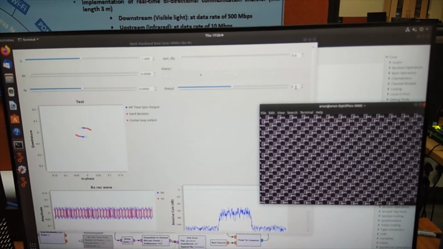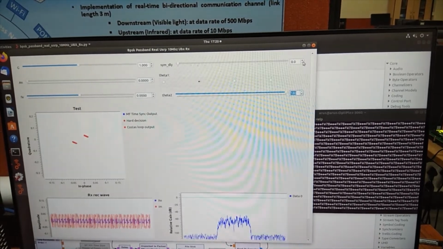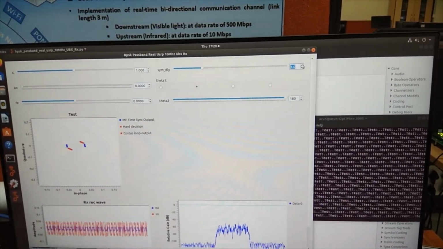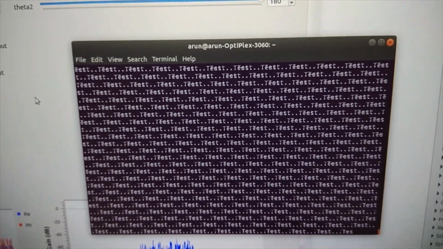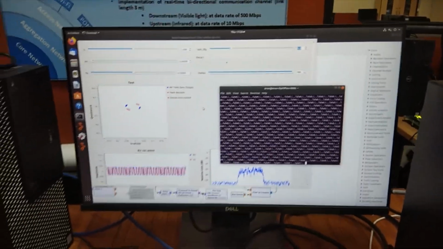So this will be taken care of manually, and there is a phase ambiguity of 180 degrees. So this is the desired text, test. So we will receive the text correctly.